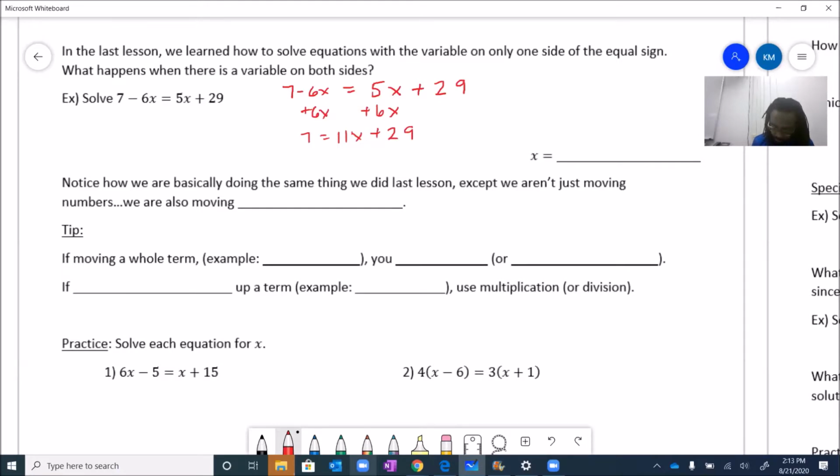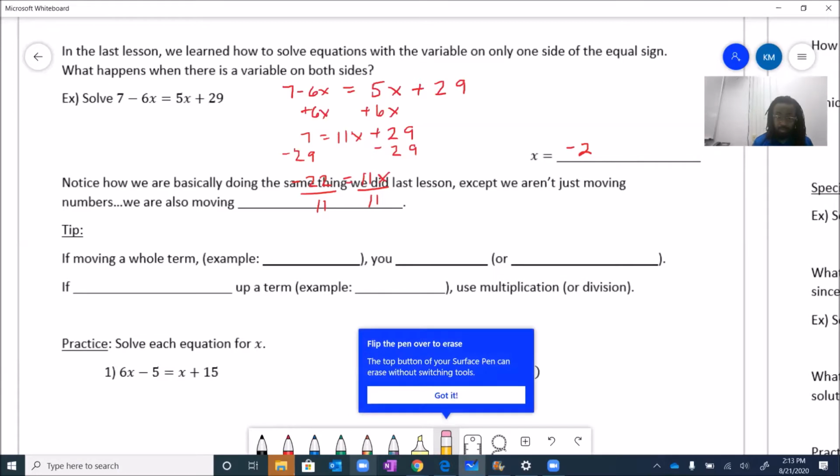From there, I'm going to subtract 29 from both sides. And that leaves me with negative 22 equals 11x. And then I'll divide by 11 on both sides to get x all the way by itself. We find then that x is negative 2. I'll write that over here. Give you a second to write that down as I erase this problem so it doesn't spill over to my answers.